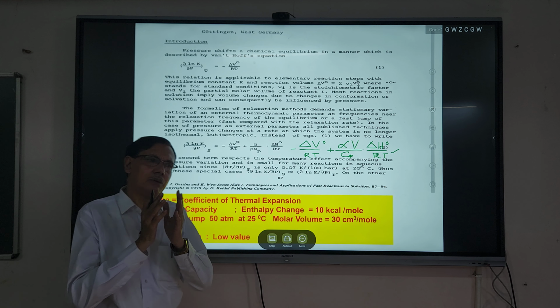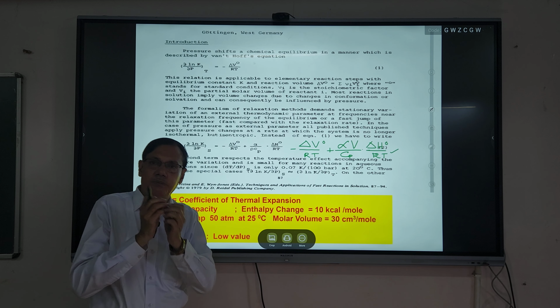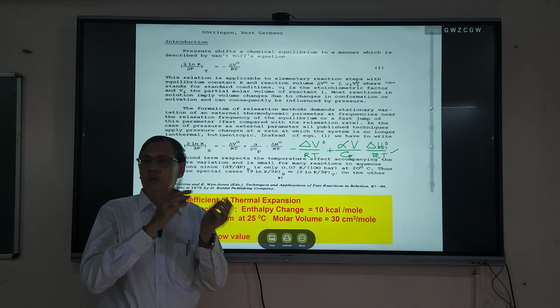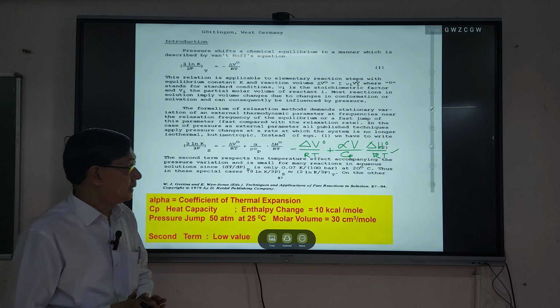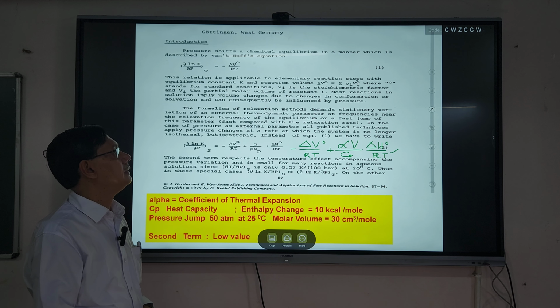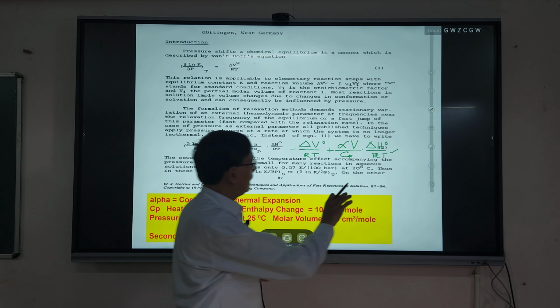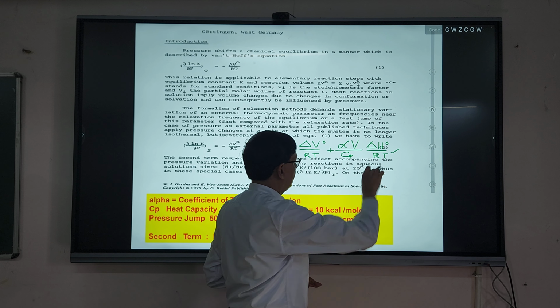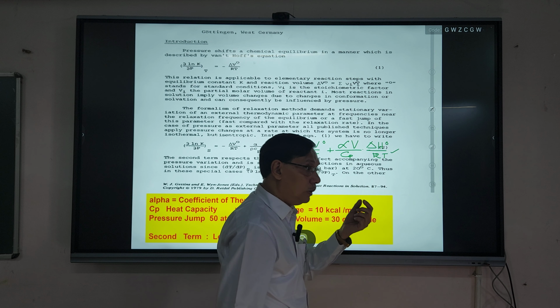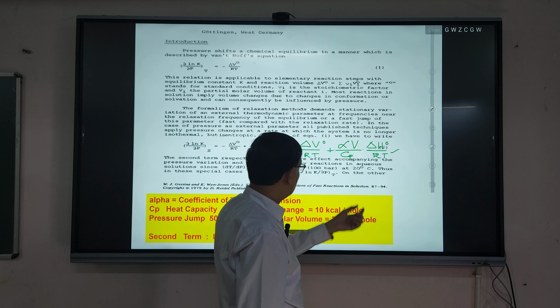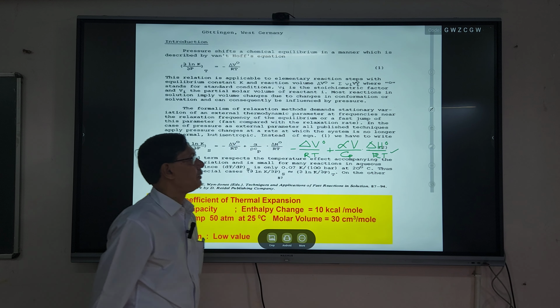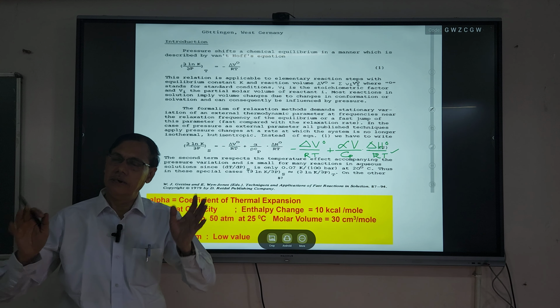It is not exactly 50, it is in between 50 to 60 or 60 to 70. But when we calculate these things, the right hand side values are very low in comparison to this term, around 10 times lower.